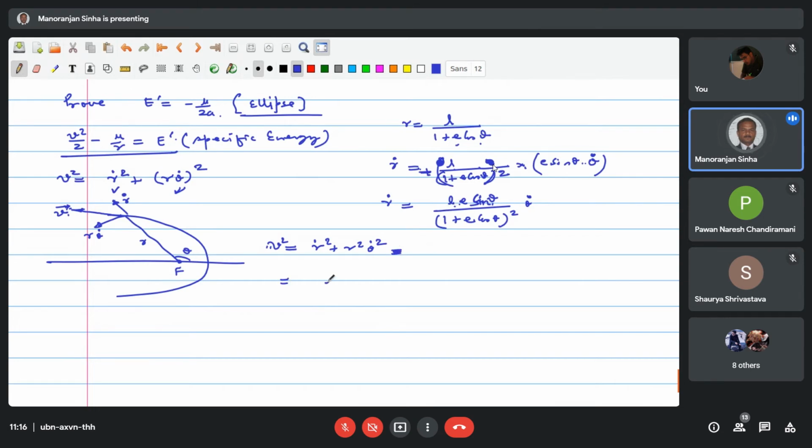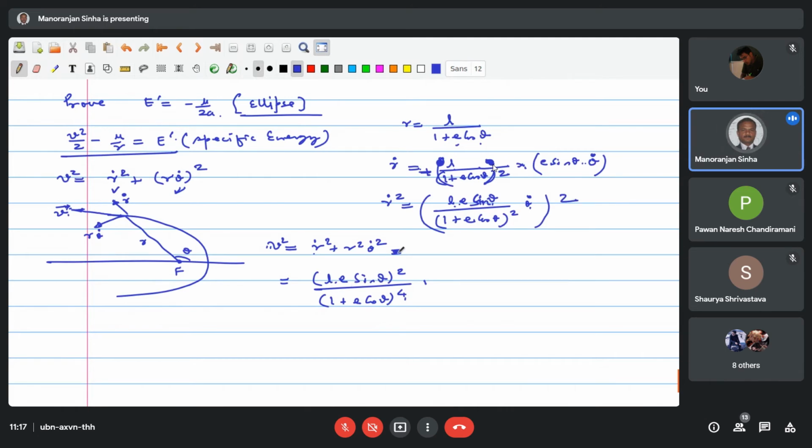R dot square from this place we can write as L E sin theta times theta dot, and R dot is this quantity, so R dot square will be the square of this whole thing.